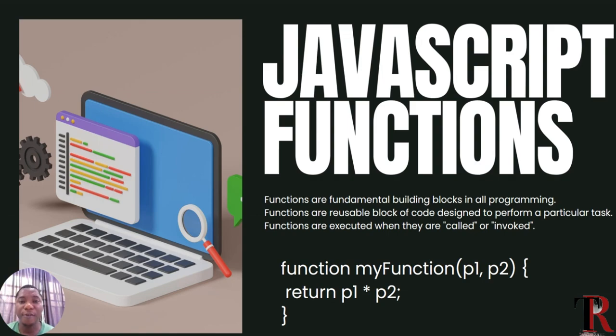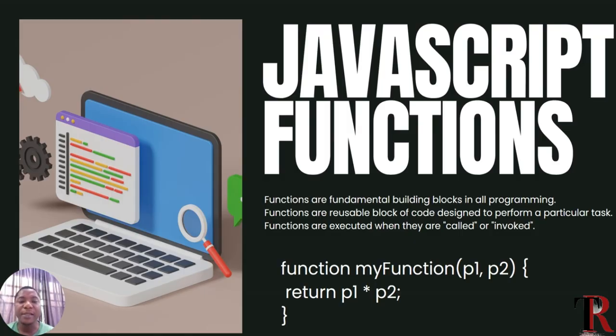Just like a variable that you can use in any part of your program, especially if it is not block scoped, the same way you use variables in different places is the same way you can use functions as a reusable block of code performing a particular task.